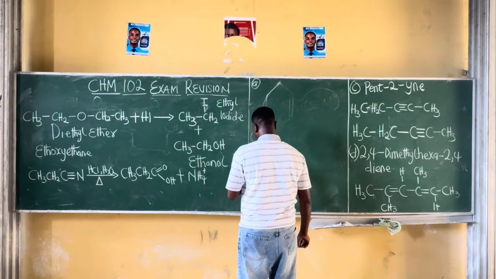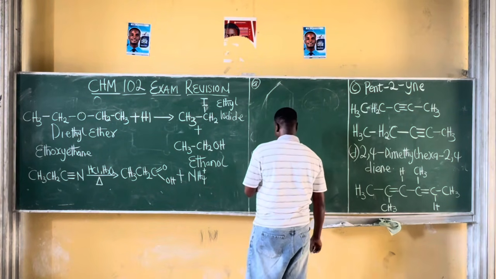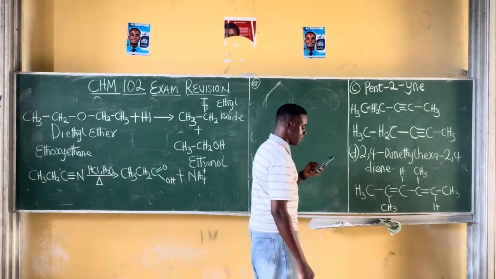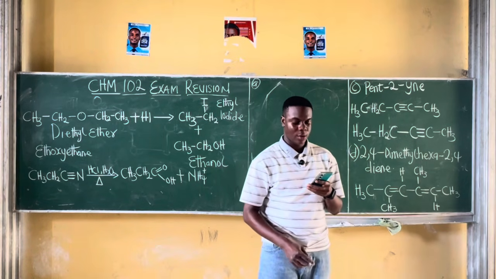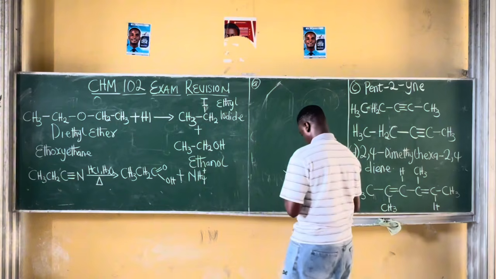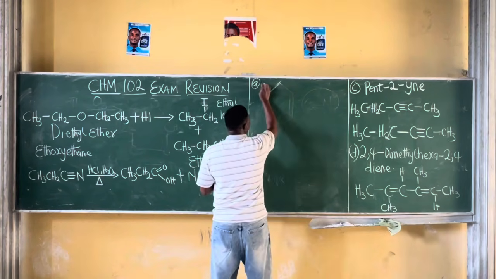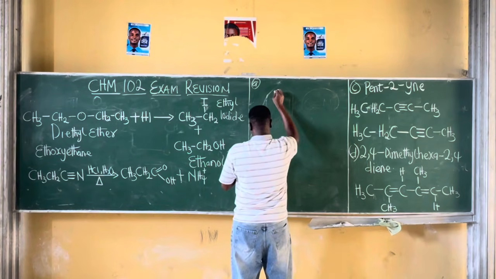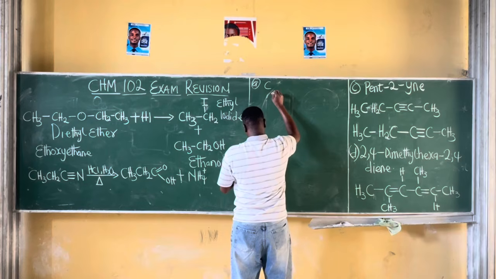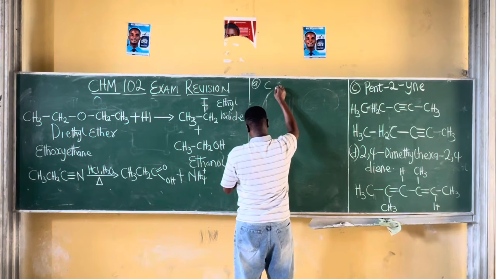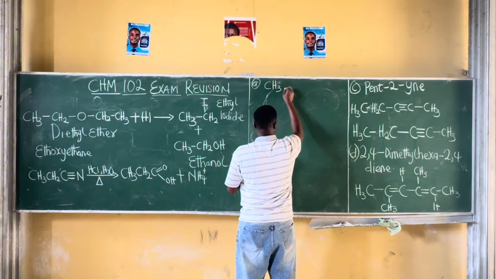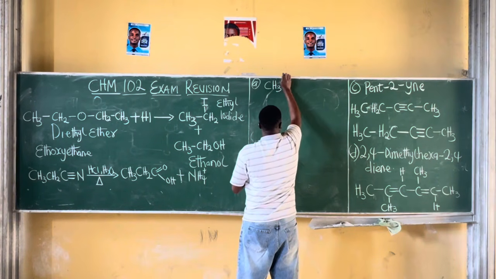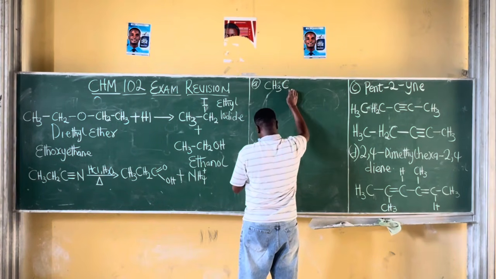Question number 3C. Give the IUPAC names or structures of the following compounds. So the first one there, that one too is a triple bond, right?